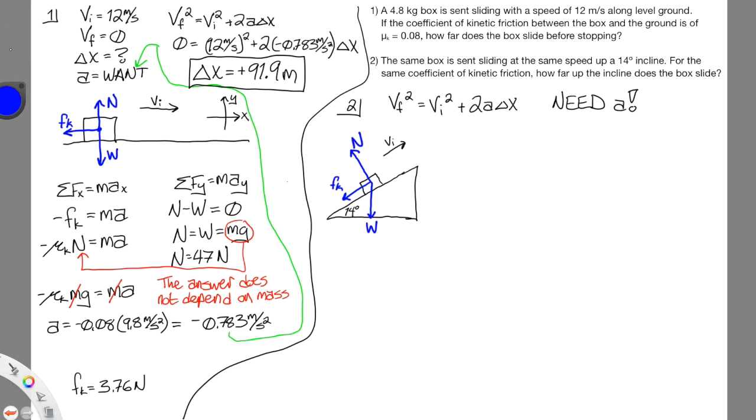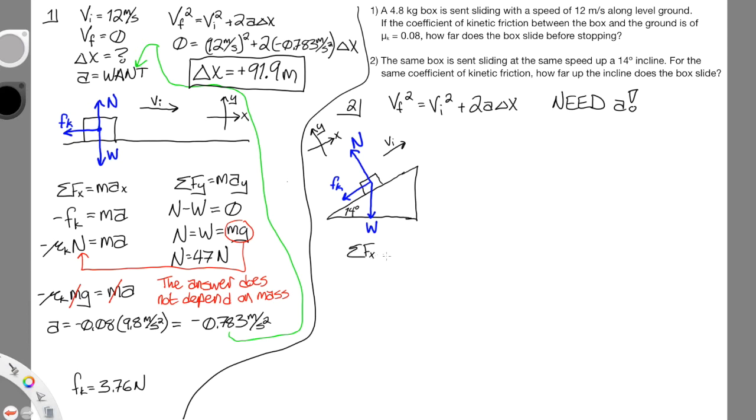The biggest difference for this problem is that we are going to tilt our coordinate system so that our acceleration is only in the x direction and not the y direction. Everything else will remain the same, except that we're going to have to find components of our weight vector w. So we'll get to exactly how to do that in a second. But for now, let's write our F equals ma equations for the x and y directions.